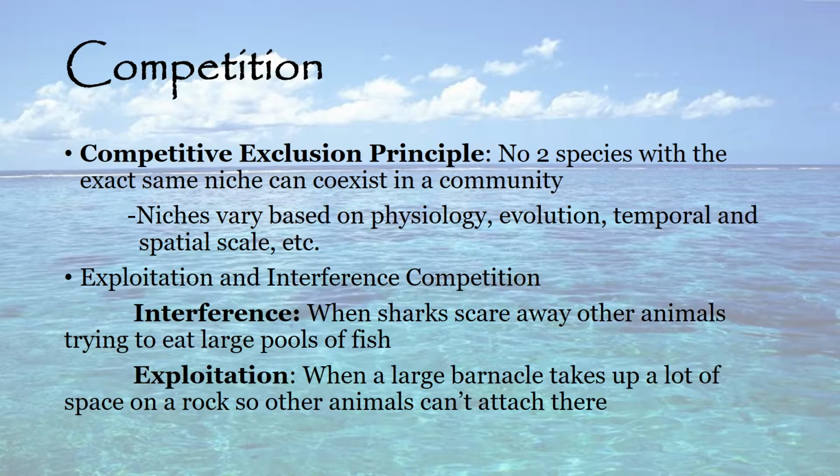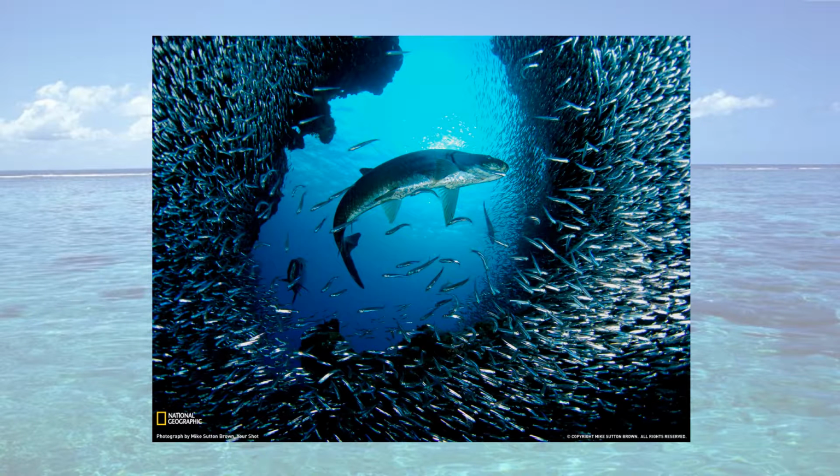It's when an organism will exploit a certain resource by just eating it before anybody else can get there or using it before anybody else can get there. So a good example is when a large barnacle takes up a lot of space on a rock so other animals can't attach there. So here's an example of a few predators at a big school of fish. As you can imagine, there's a lot of interference competition among large predators and schools of fish.